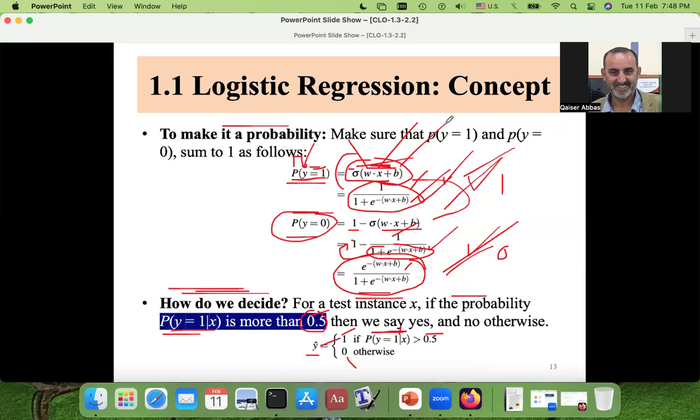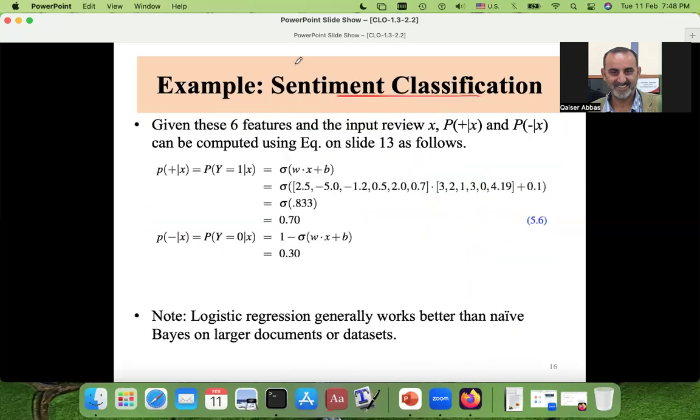So now we want to predict the probability of the positive class given input. We want to predict the probability of the negative class given input.